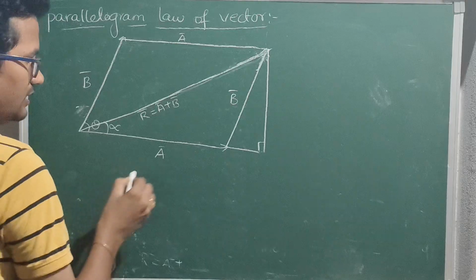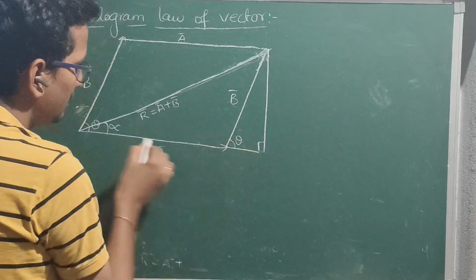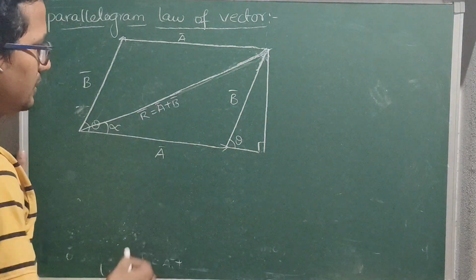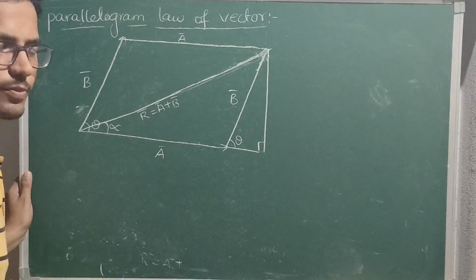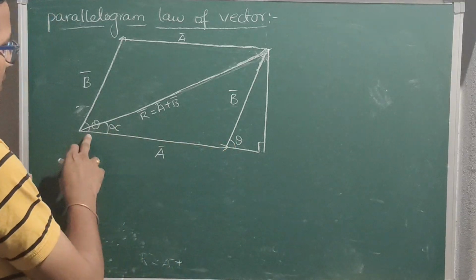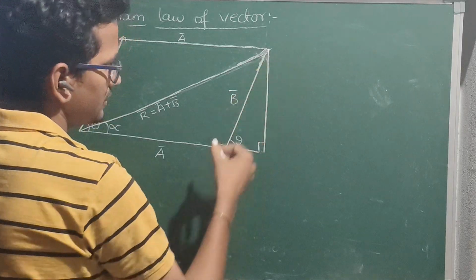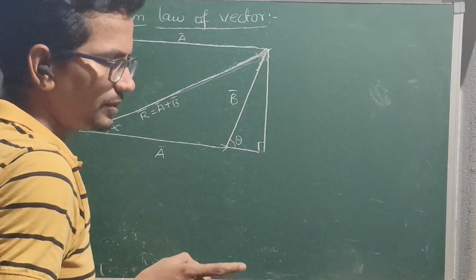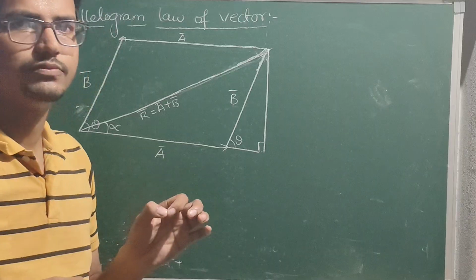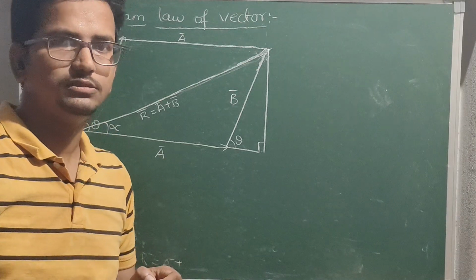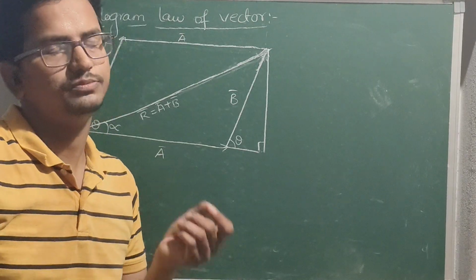It's making an angle theta. Same side, same component, acts as a bar and b bar. How much angle is there? Theta. This is called the resolution of the vector. In the previous video, we already discussed the resolution of two vectors, in two dimensions and three dimensions.